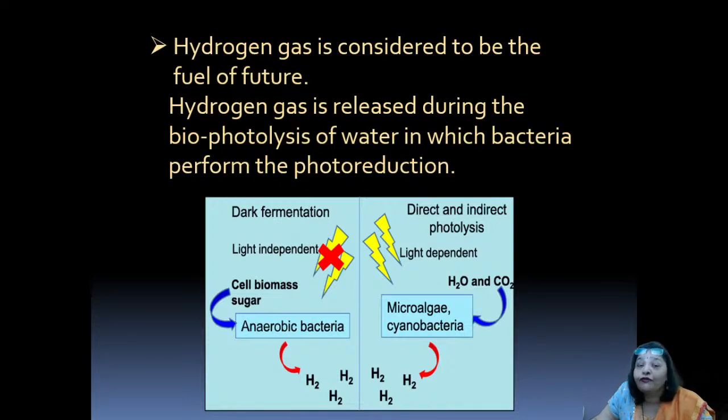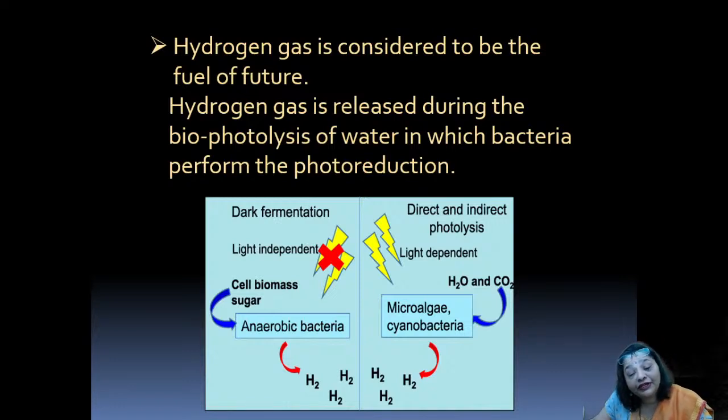Photoreduction is the reduction of water in the presence of light. Photo means light, and reduction is the addition of hydrogen, or otherwise gaining of electrons, for the formation of hydrogen gas.